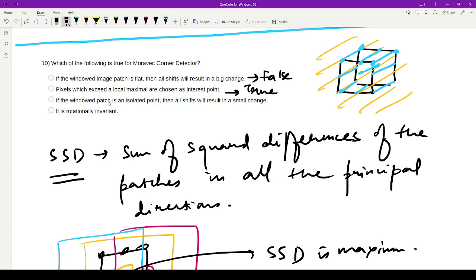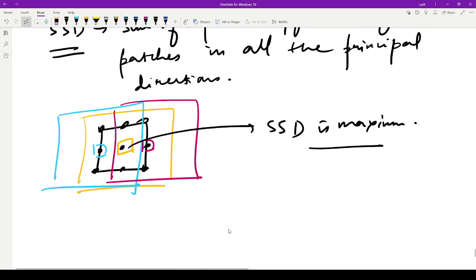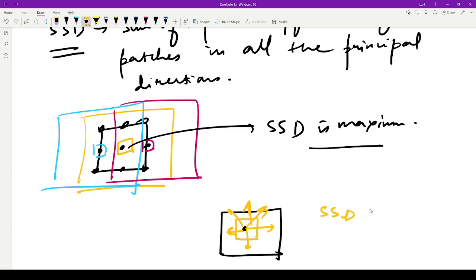If the windowed patch is an isolated point, then all shifts will result in a small change. What about this? If you have an isolated point on an image, and you use a window on top of this and move in any direction, the sum of square differences is high, right?